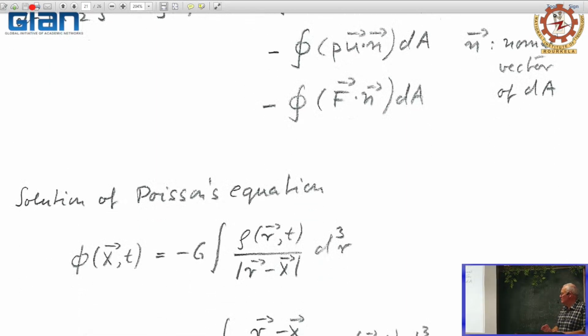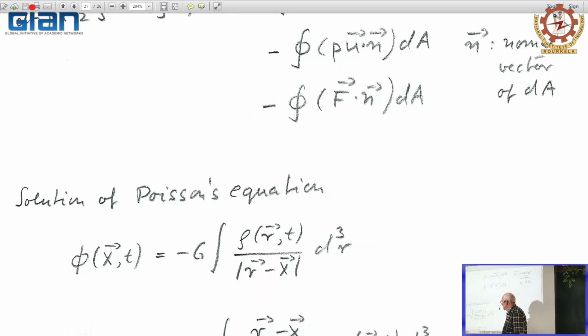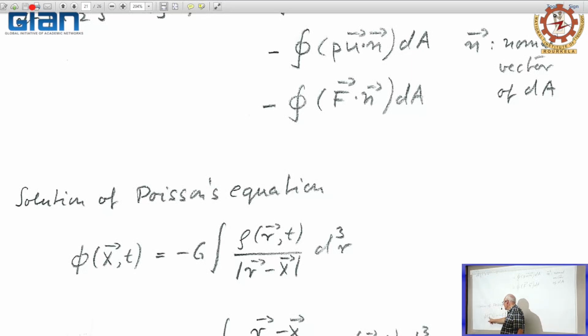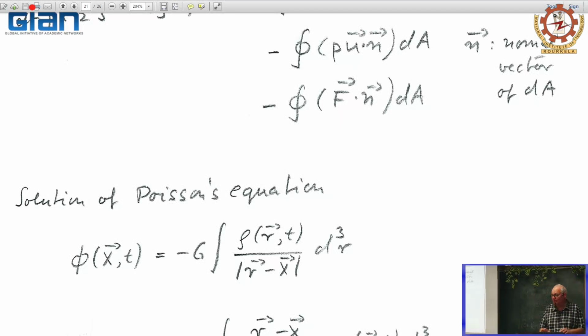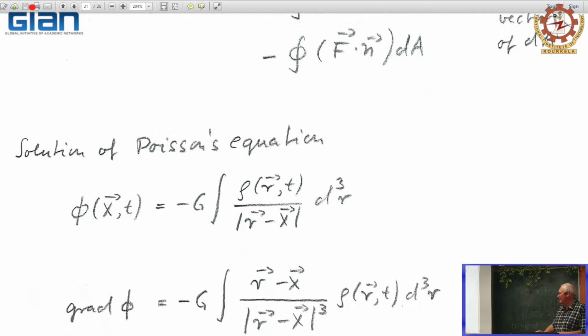The solution of Poisson's equation is now written in terms of an integral: phi as a function of position x and t is the integral over the density rho, depending on r, integrated over r, divided by the modulus of the difference between vectors r and x.